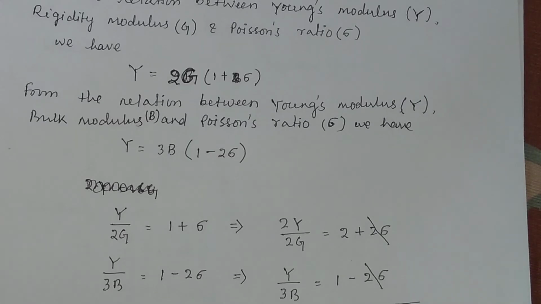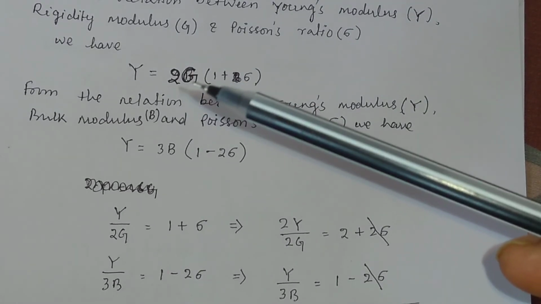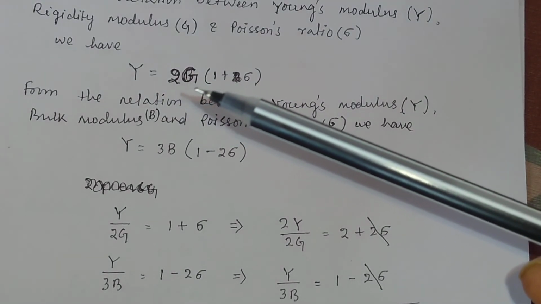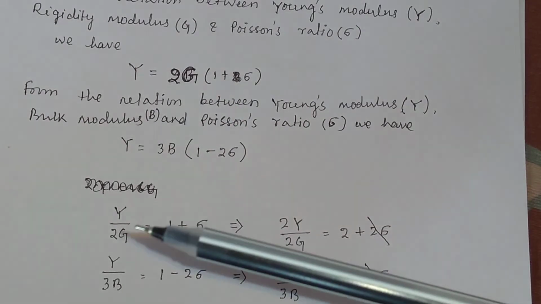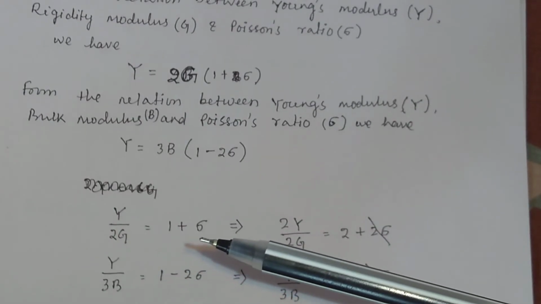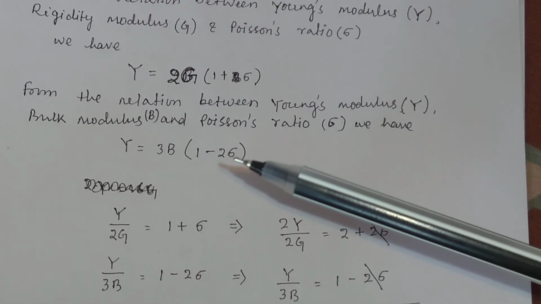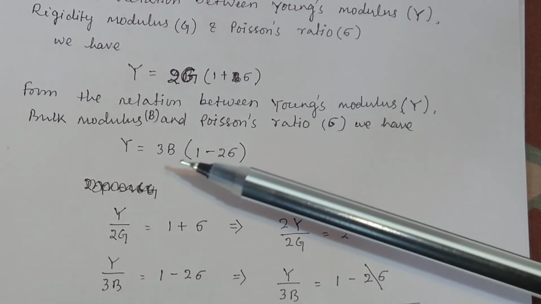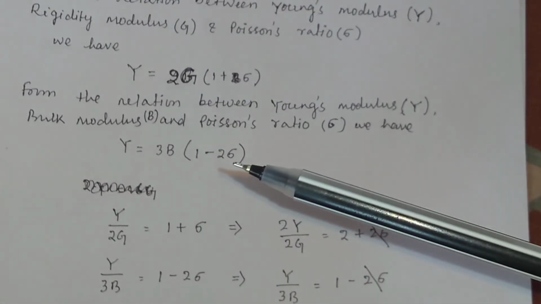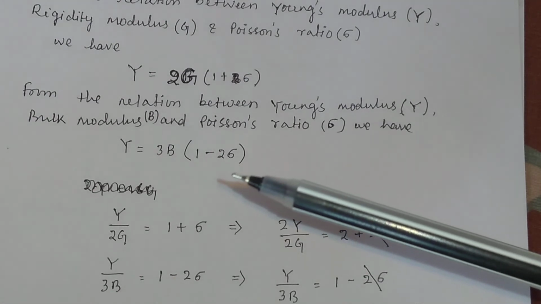From the first equation, Y divided by 2G will be equal to 1 plus sigma. And from this equation, Y divided by 3B will be equal to 1 minus 2 sigma. So we get these two equations.